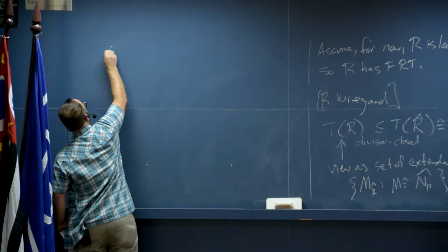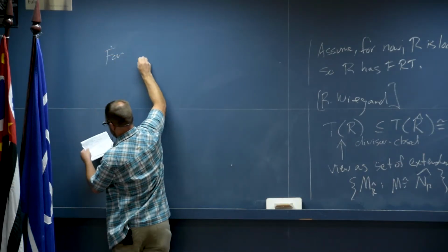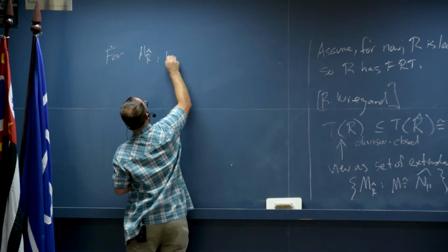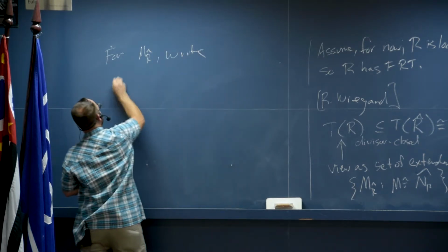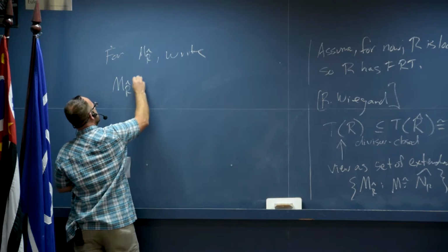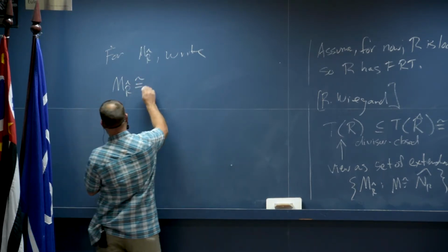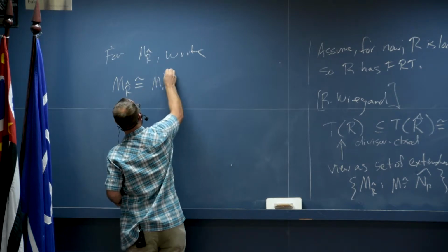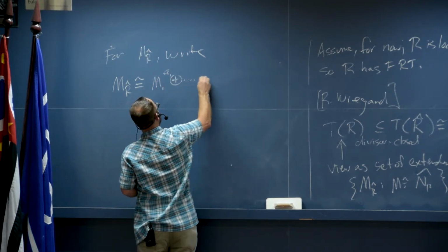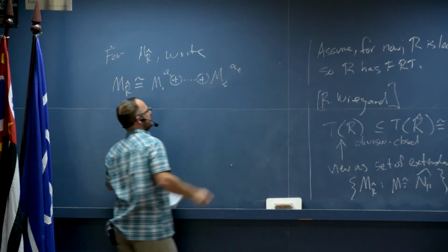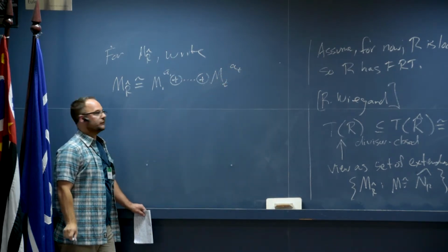So if I have a module over the completion, I can write down a unique direct sum decomposition in terms of indecomposables. Say there are T distinct indecomposable modules.